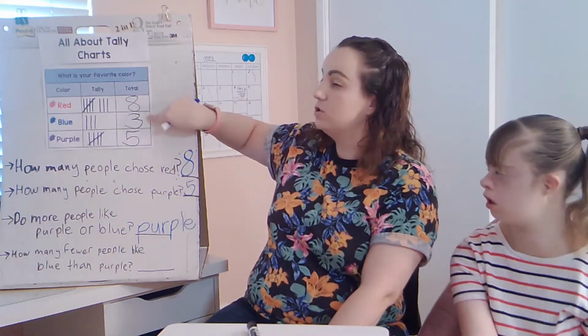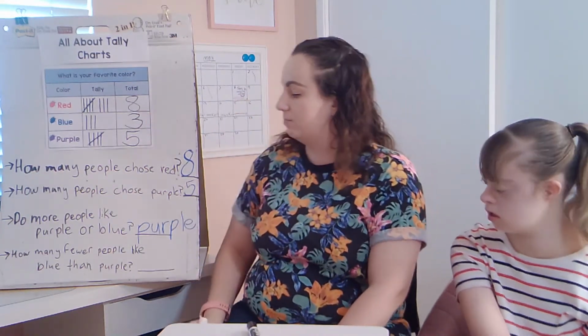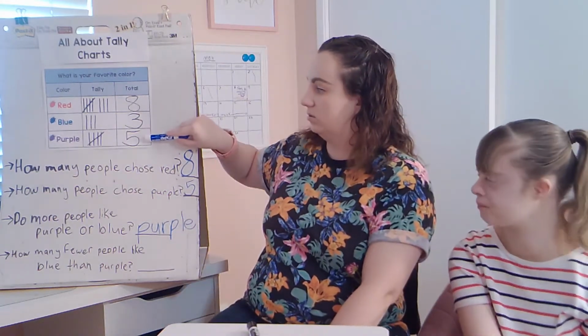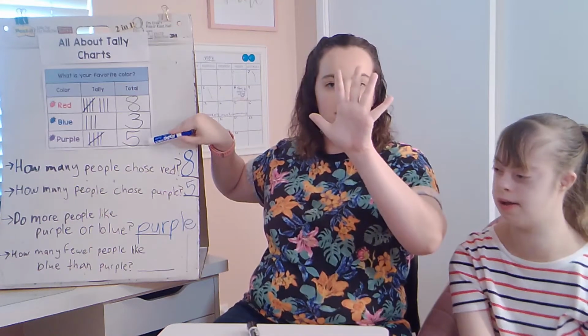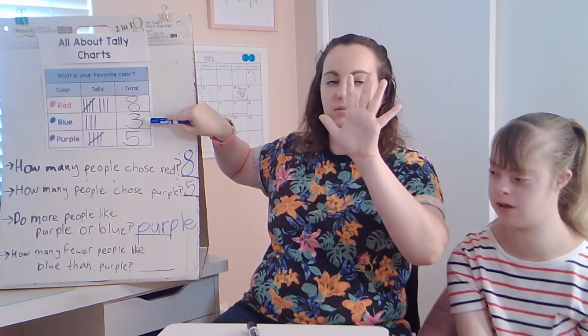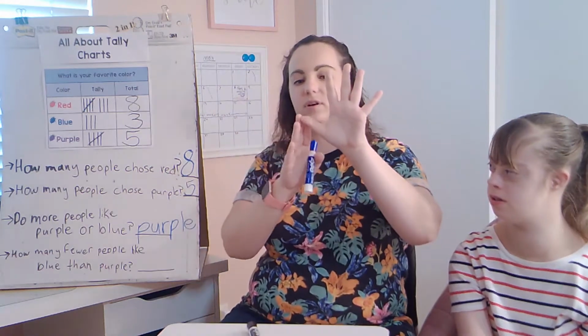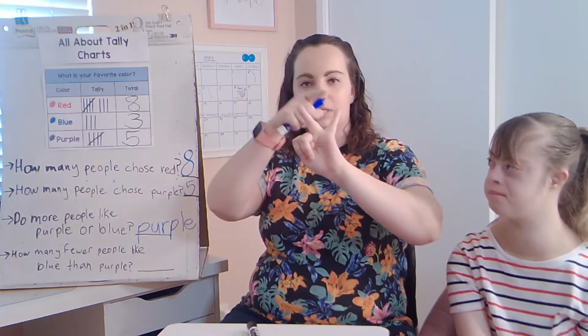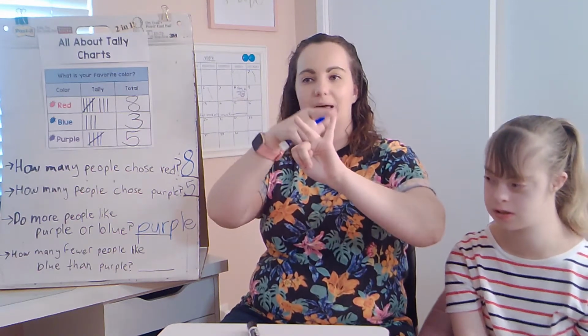So purple, 5, and then let's take away that number we're comparing, 3. So I'm going to say bye-bye to 3 fingers. 1, 2, 3. Then you can see how many you have left.